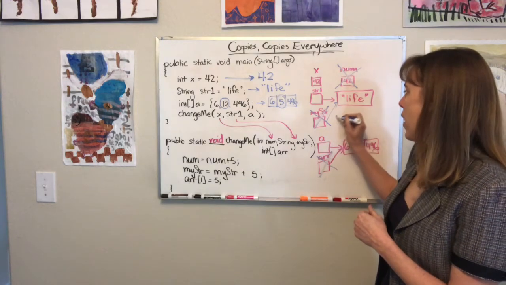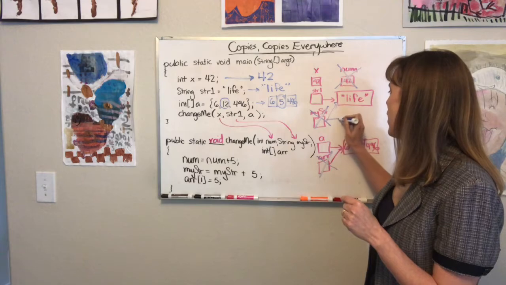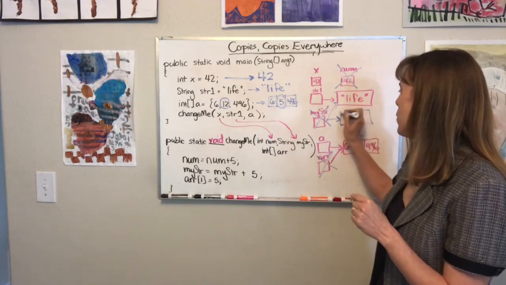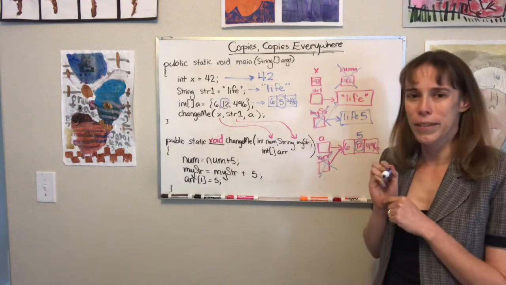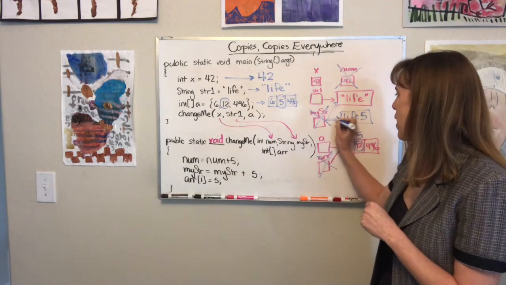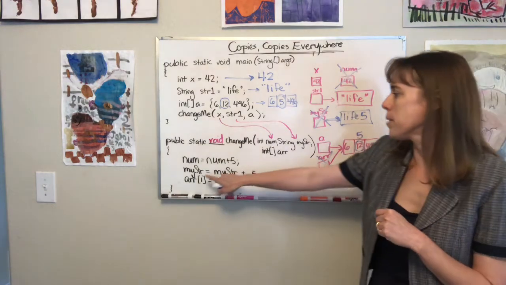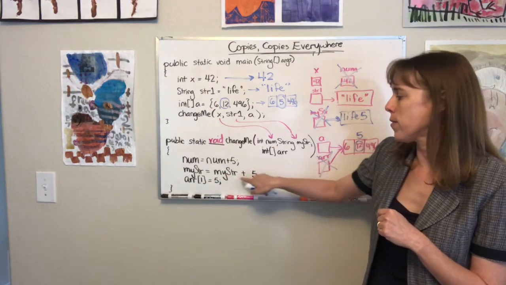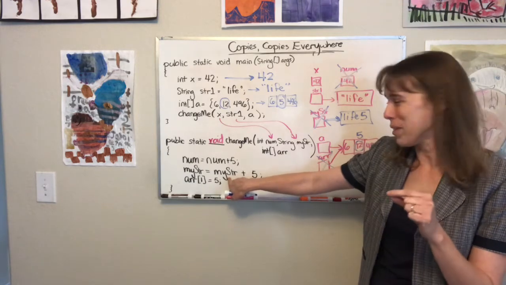When we added 5, strings are immutable. So it had to make a new word, life, and put 5 onto it. So my string was now aimed here instead of at this one, because my string gets my string plus 5. This created a new string, because strings are immutable and can't be changed.